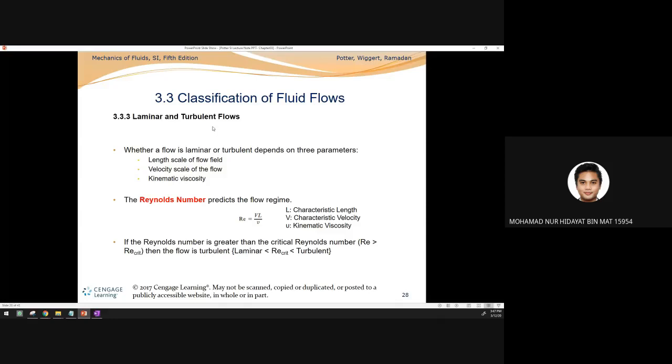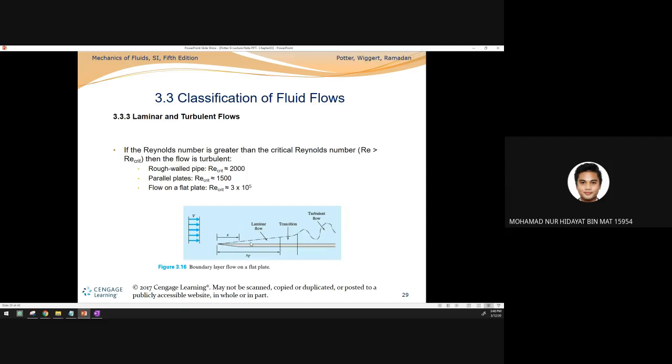or turbulent. Remember, laminar is the smooth, orderly manner flow. The turbulent is chaotic, fluctuating flow. So the Reynolds number formula is given by V referring to velocity, L referring to the characteristic length, and nu referring to the kinematic viscosity.